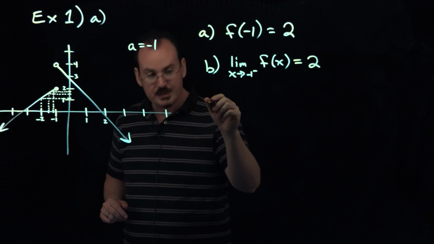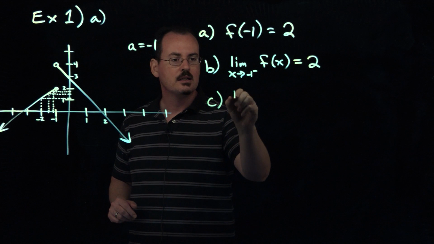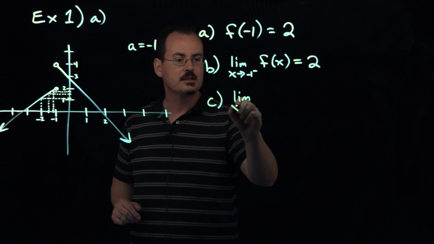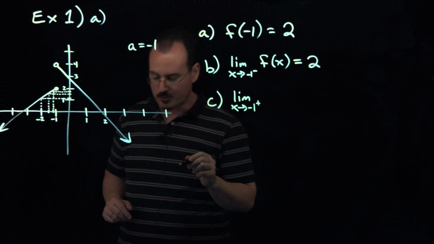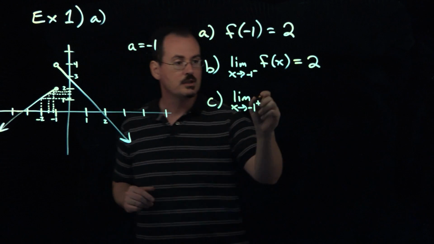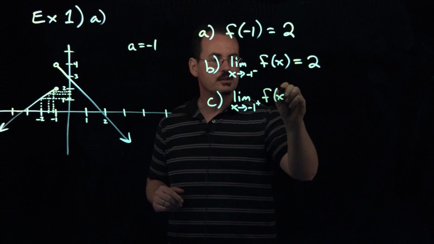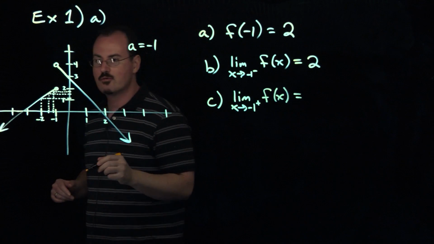For part C, we want to find the limit as x approaches -1 from the right. So we put the little plus on there to say that we only want to look at x values that are to the right of -1.